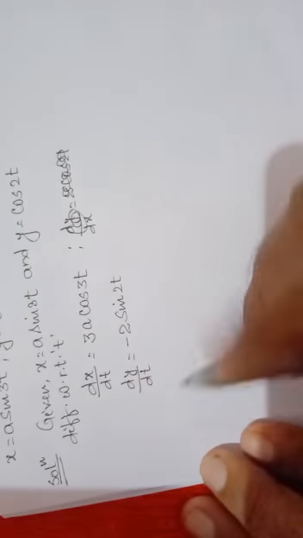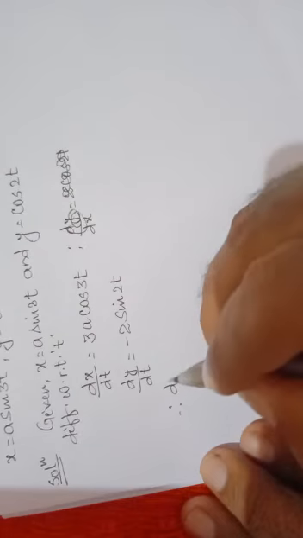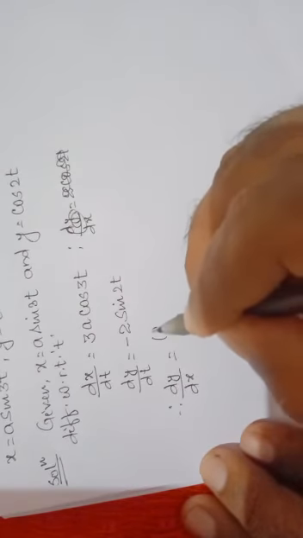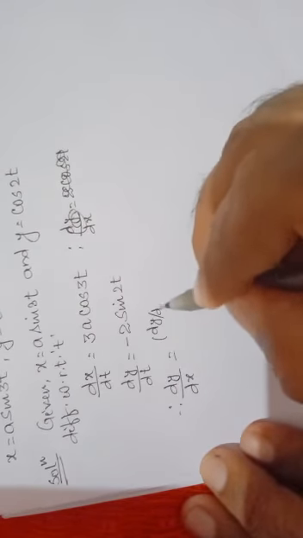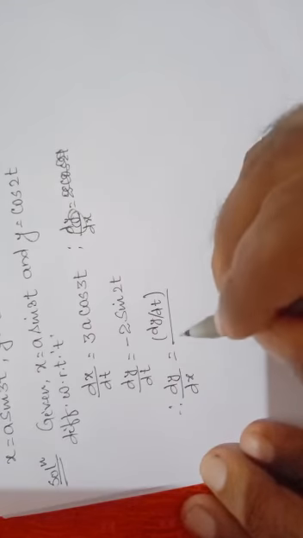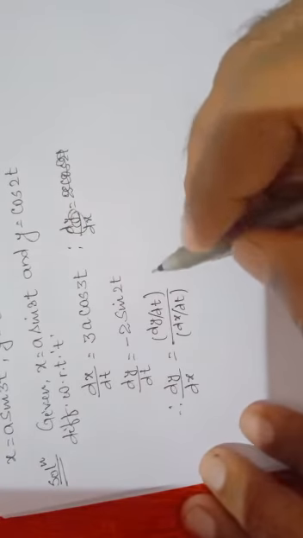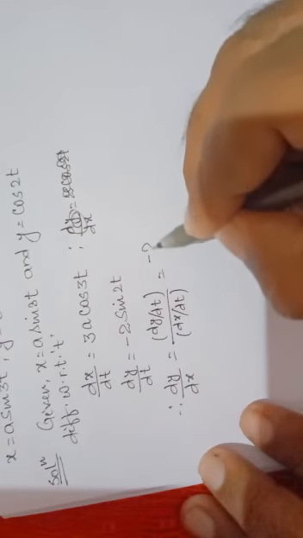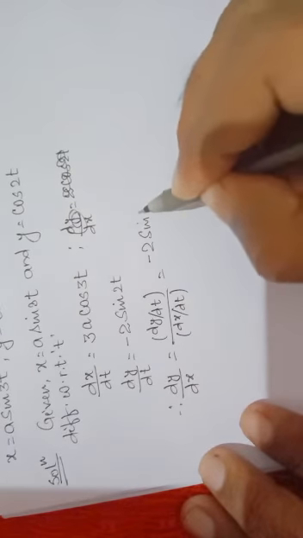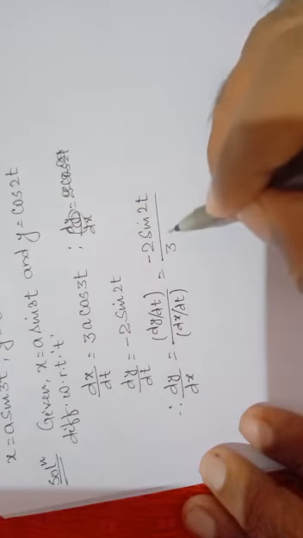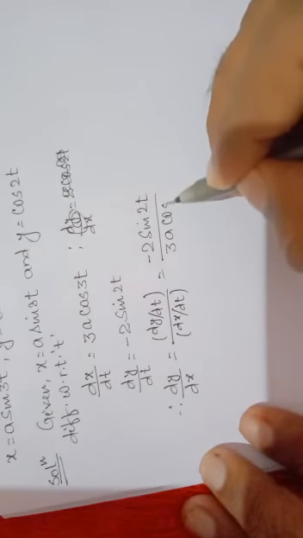Next calculate dy by dx. So dy by dx will be written as dy by dt upon dx by dt. Dy by dt is minus 2 sin 2t upon 3a cos 3t.